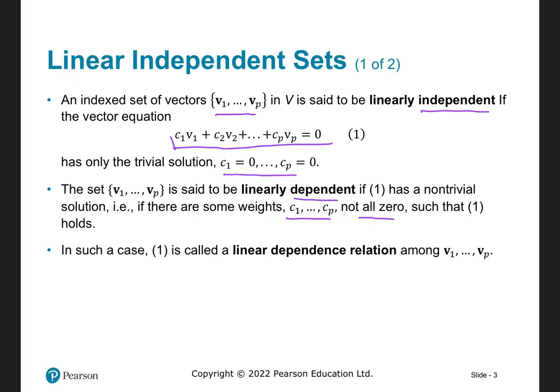If you have linearly dependent vectors so that they produce this 0 vector with at least one non-zero coefficient, then such a relation will be called a linear dependency relation.